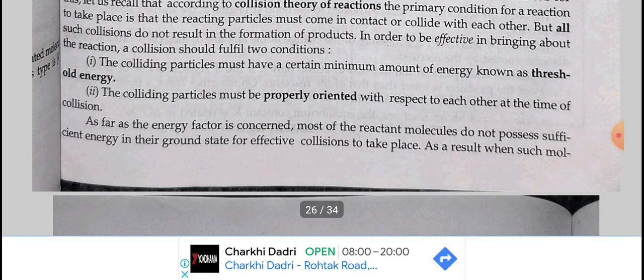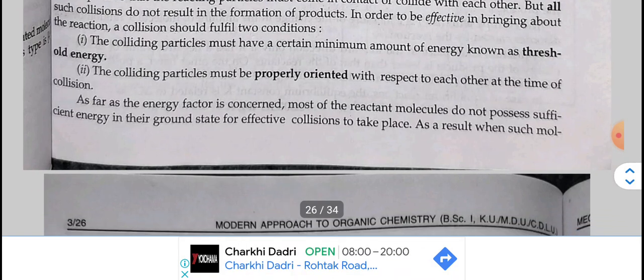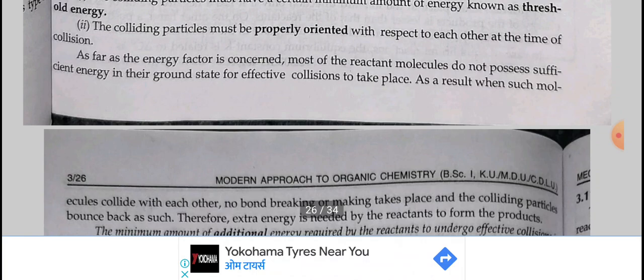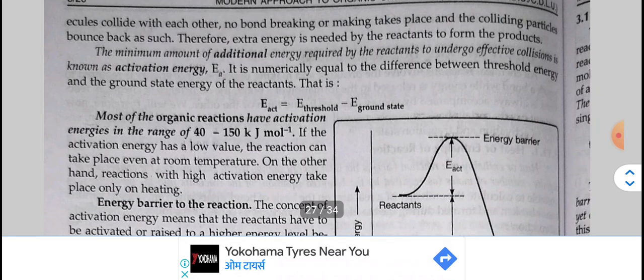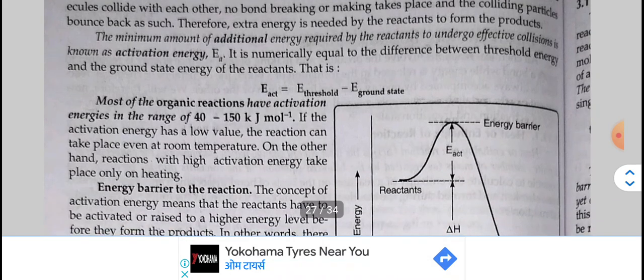As far as the energy factor is concerned, most reactant molecules do not possess sufficient energy in their ground state for effective collision to take place. As a result, when such molecules collide with each other, no bond breaking or making takes place, and the colliding particles bounce back as such. Therefore, extra energy is needed for the reactants to form product. The minimum amount of additional energy required by the reactants to undergo effective collisions is known as activation energy, E activation.